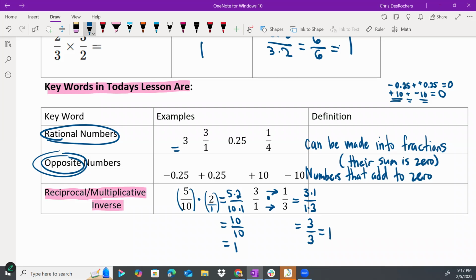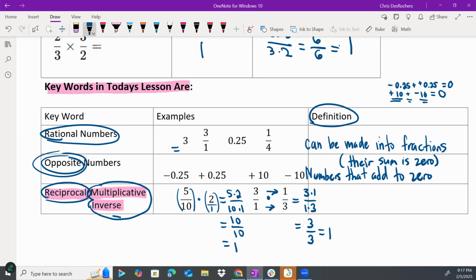So pause the video again and tell me what you think the definition is of these reciprocals or the multiplicative inverses. Okay, well, hopefully you've paused the video and come up with your own conclusions, and you can compare how it matches with mine.